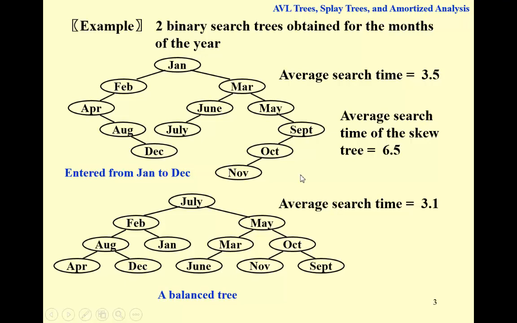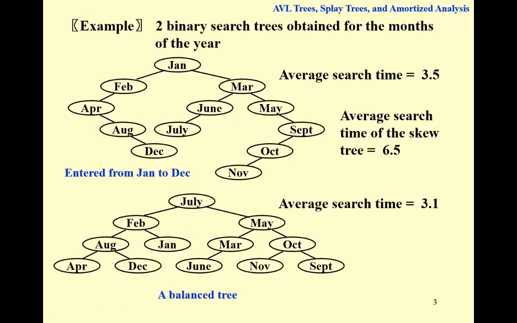So the next question would be, how can we obtain a balanced tree like this? There are basically two directions to think about. One direction is, can we simply carefully design the input sequence?